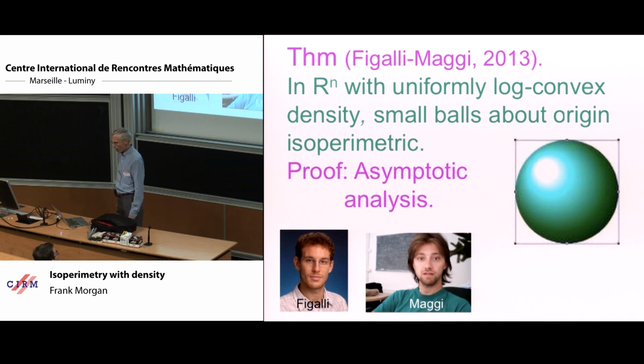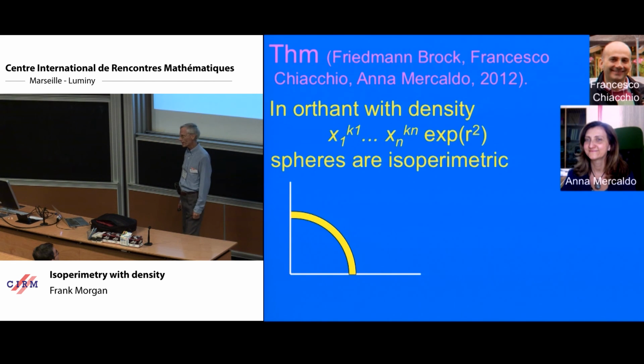Meanwhile, there were some other examples if you looked at just part of the whole space. So here's another result from the Napoli group, and this time the picture is from taking turns here, Francesco and Anna. So here the result was in an orthant with certain kinds of density.